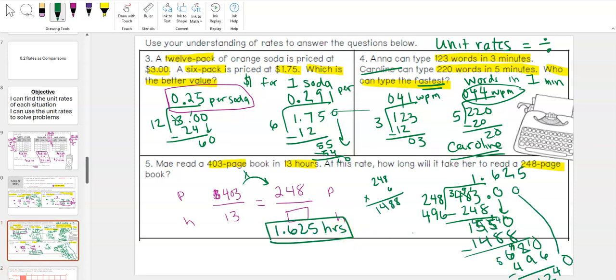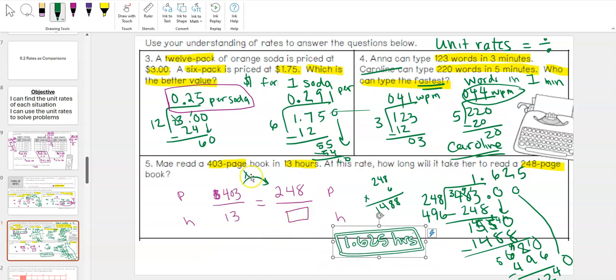All right, so once I did that long division, it was kind of a long problem. I got 1.625, and it ends evenly. But this is not my final answer. That is just what I would be really multiplying the other way, right? So I would be dividing, in this case, 403 by 1.625 to get 248.